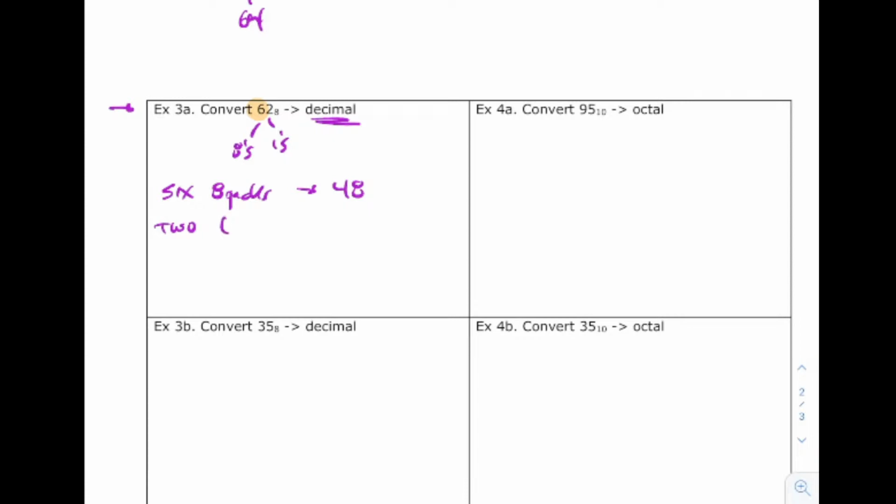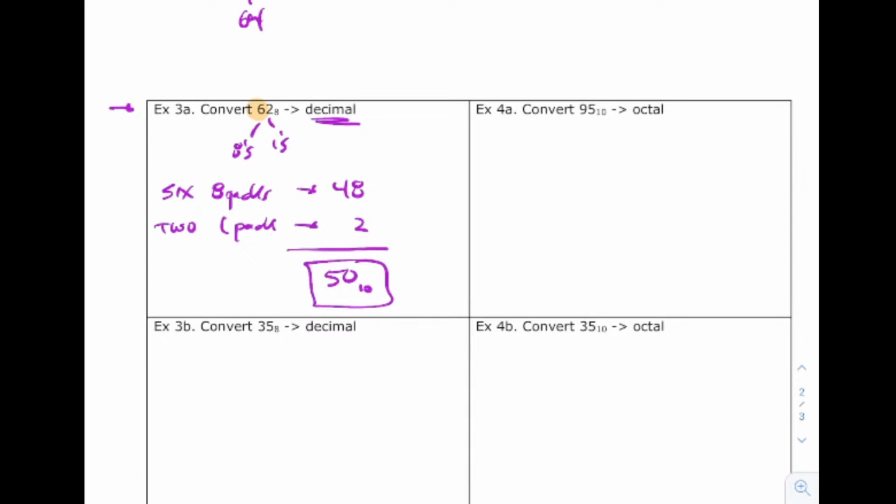I have a 2 in the 1's place. So that's going to give me 2 more. And so what I've really got is a 50. And you can put a little 10 here to emphasize that's normal. 50 base 10. 50 normal. So a 6-2 in octal, base 8, is the same as a 50.